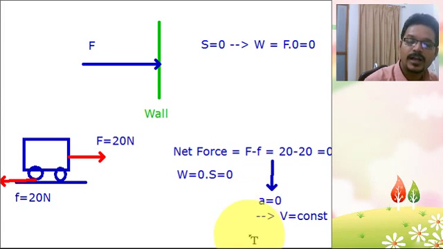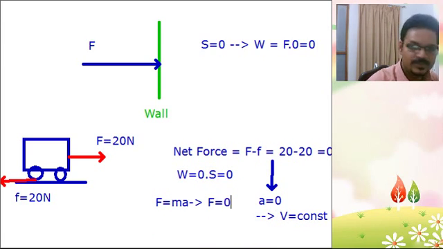Just recall the kinematic equations and Newton's second law. Newton's second law is F equal to ma. Let me write here F equal to ma. What happens when a equals 0? Then F equals 0, and this F is the net F. Let me write here F net.